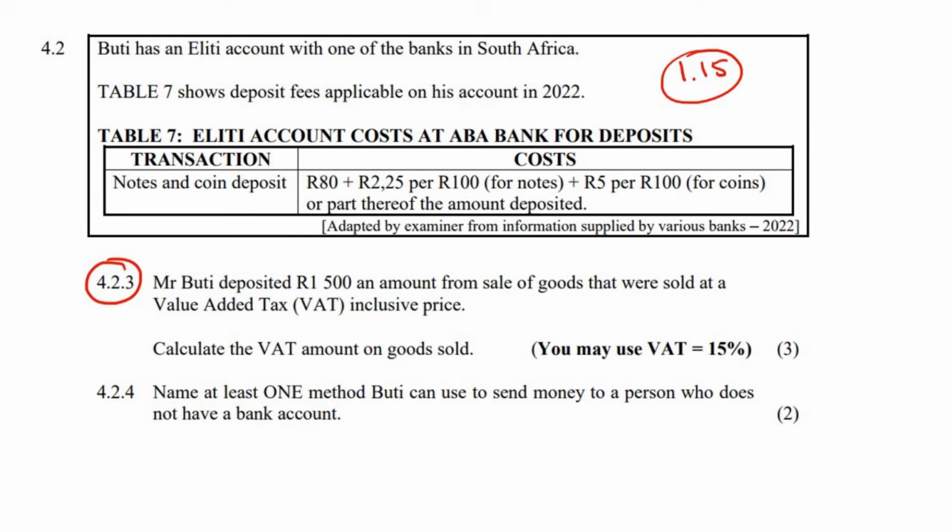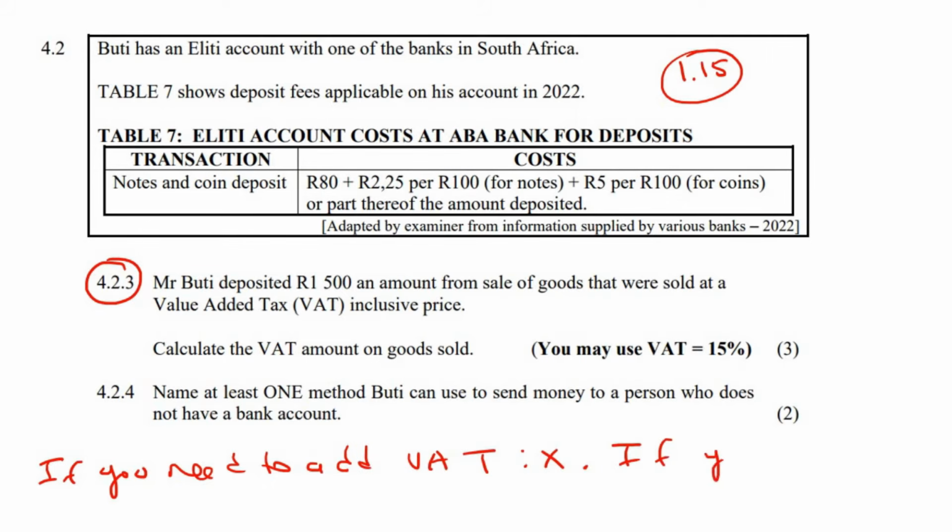If you need to add VAT, multiply by 1.15. If you need to take VAT away, divide. Okay, let me write that down. If you need to add VAT, then multiply. If you need to remove VAT, then divide.